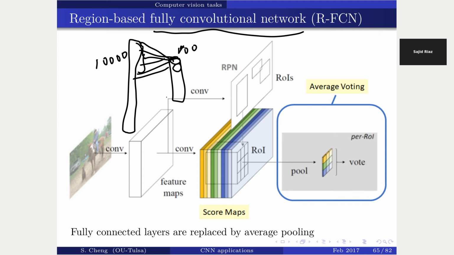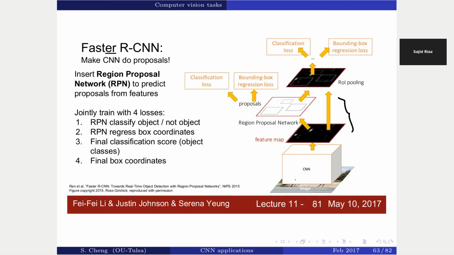There's a second advantage of removing the fully connected layer that may be less obvious. Say I'm working with an image size of 320 by 240, and I have a fully connected layer at the end. It's the fully connected layer that limits the size of the input.